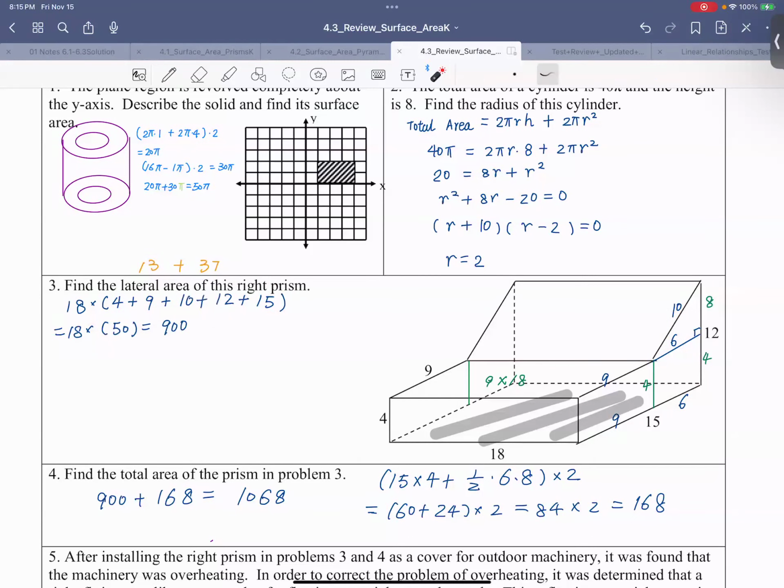This becomes 900. And then we want to calculate this area. We can calculate this guy, which is the rectangle, plus this triangle. Go ahead, please.